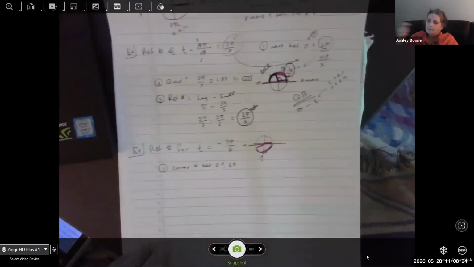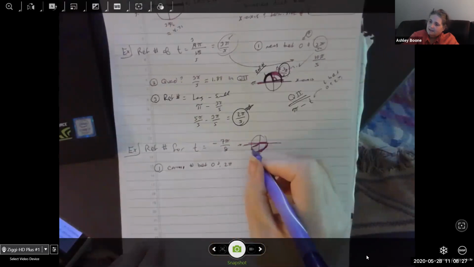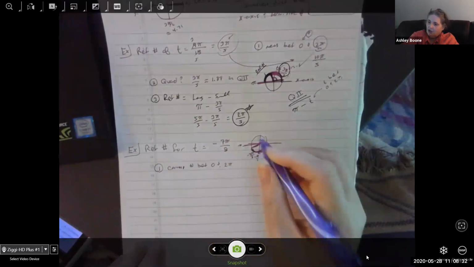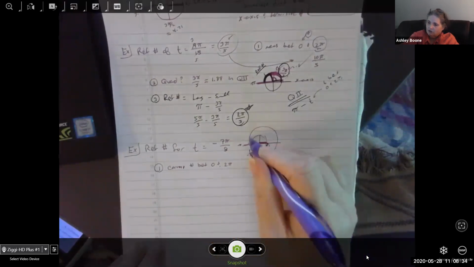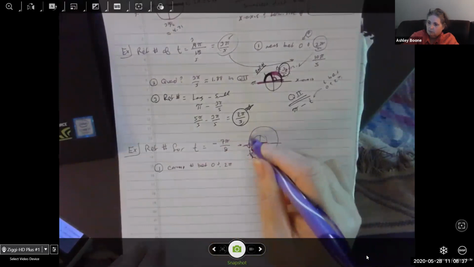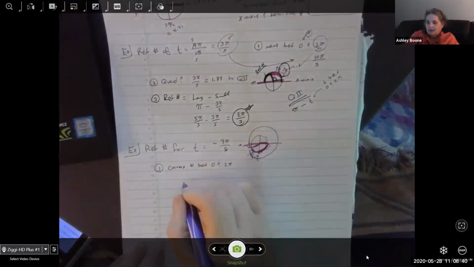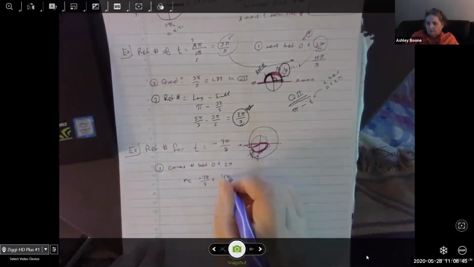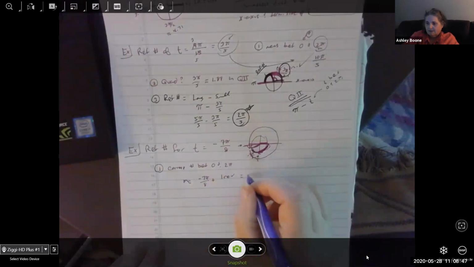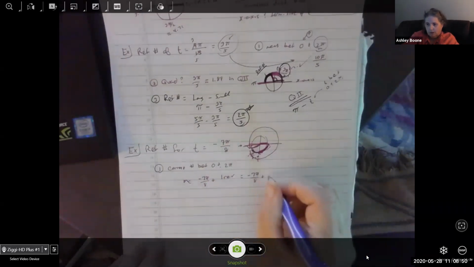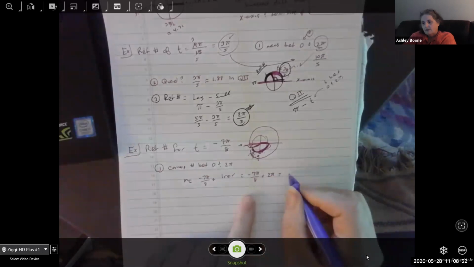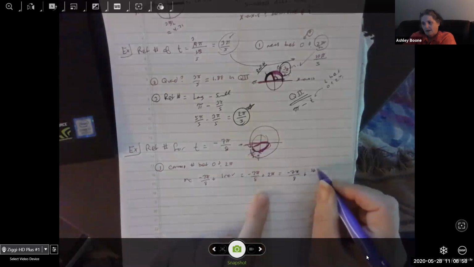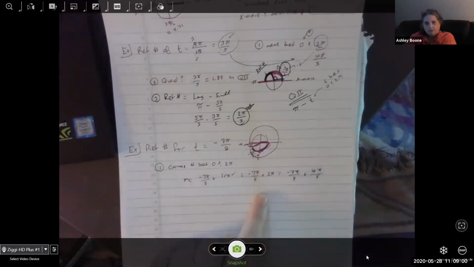So what's going to happen if I take this negative 7 pi over 8 and go one revolution around, counterclockwise? I'm going to increase negative 7 pi over 8 by one revolution. That is negative 7 pi over 8 plus 2 pi. We have a denominator of 8, so that's negative 7 pi over 8 plus 16 pi over 8, since 16 over 8 is 2.